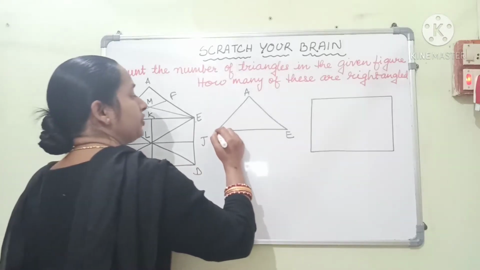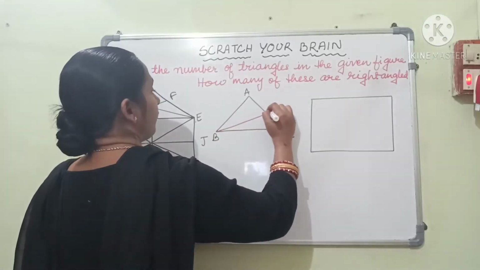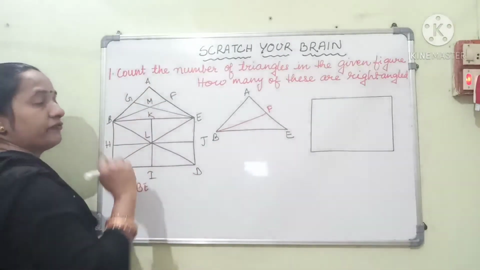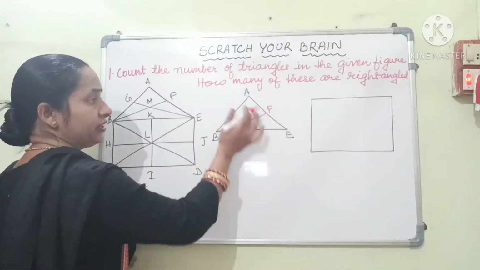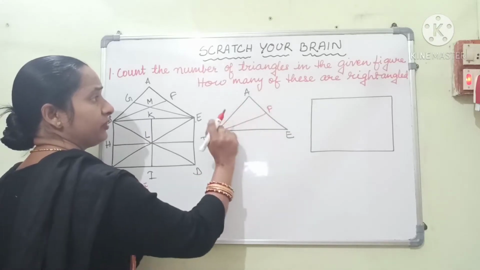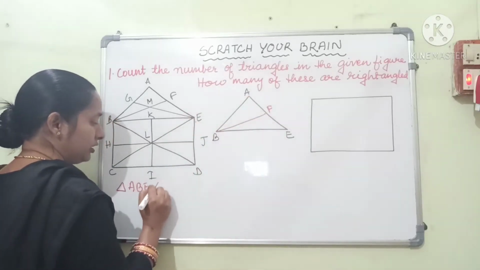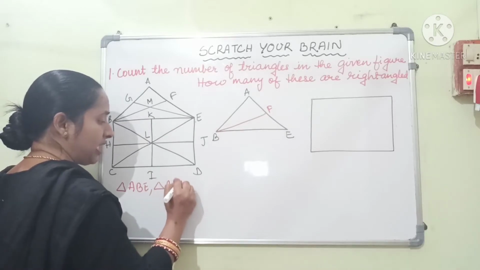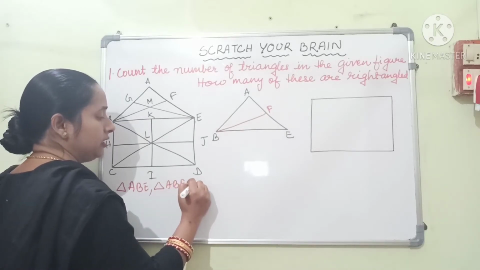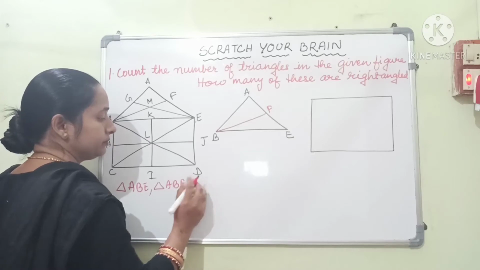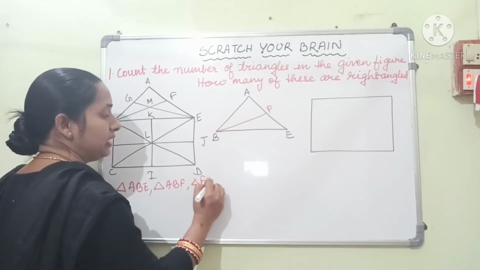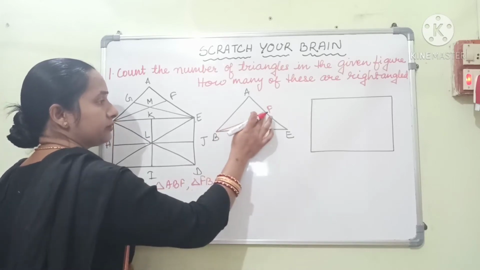Now, if I draw the line BF, you will find it is divided into two triangles. Let's write the names of those triangles: triangle ABF and triangle FBE. Now, let me erase this one.